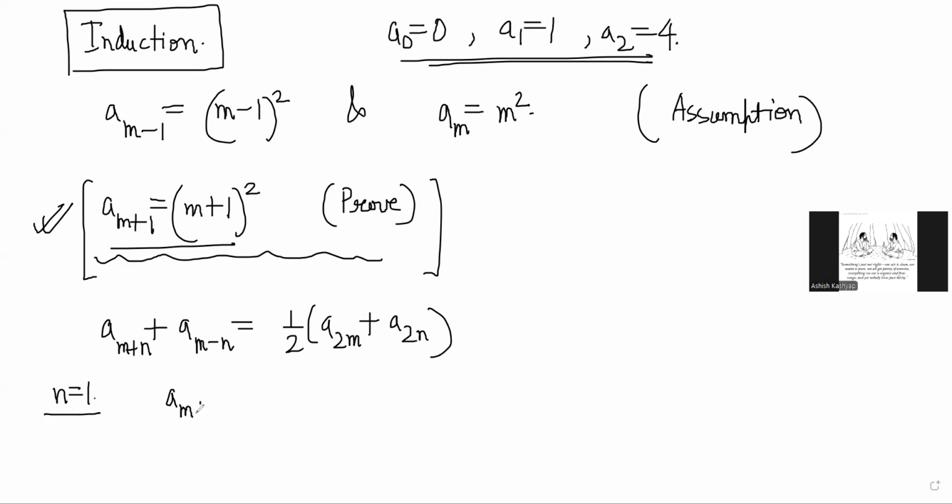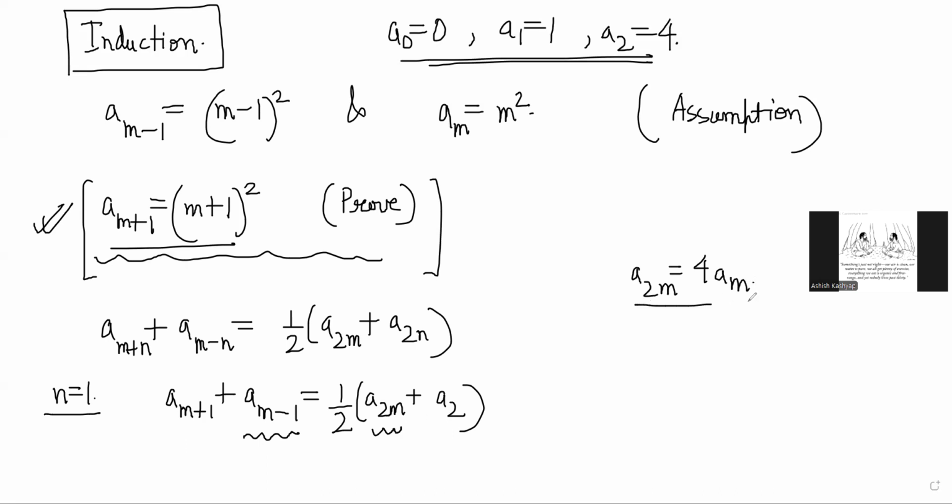You will get A(m+1) + A(m−1) is equal to half of (A2m + A2). We already know A(m−1) and A2m, because A2m was 4 times Am. And we know Am and A(m−1) from our induction hypothesis. You can figure out what A(m+1) should be now, right?